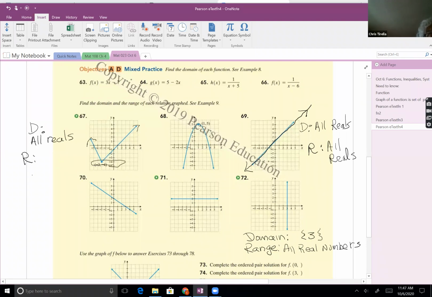So the range would be that the y values are greater than or equal to -4. We've got a smallest y value, and we've got everything larger than that. We could also write that as -4 is less than or equal to y. Both would say the same thing. Do those make sense?